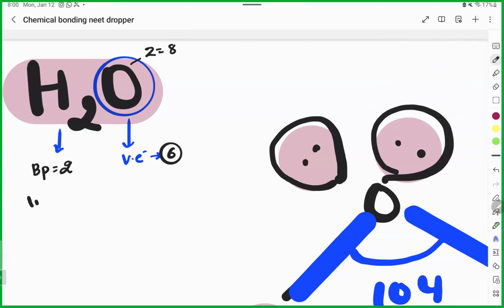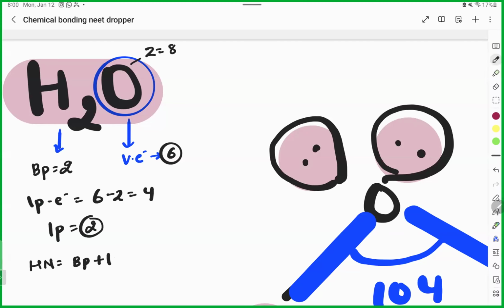So what will be lone pair electron? 4. What will be lone pair? Half of the lone pair electrons, because one lone pair contains 2 electrons. 2 lone pairs will contain 4 electrons. Done.